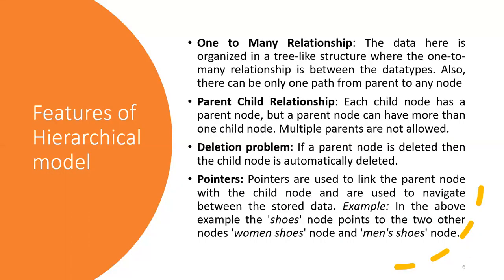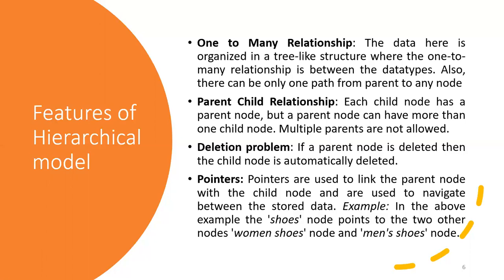Parent-child relationship: each child node has a parent node, but a parent node can have more than one child. Multiple parents are not allowed; all children have a single parent only. This is also a feature of the hierarchical model. The deletion problem: whenever you delete the parent node, the child node is automatically deleted.